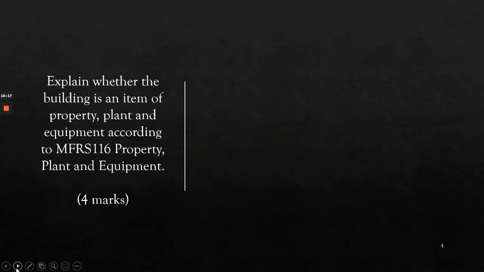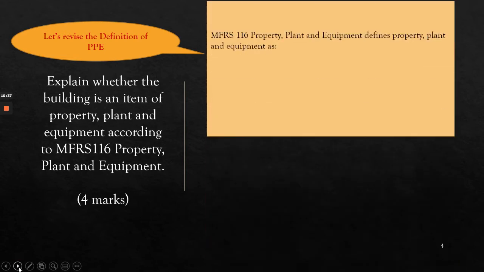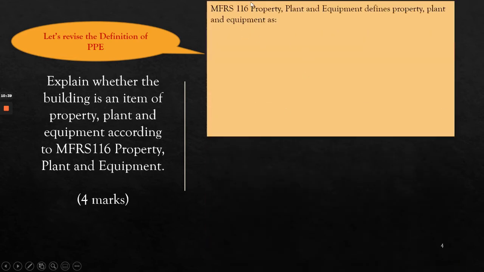The next question is asking you to explain whether or not the building is an item of PPE in accordance with MFRS 116 Property, Plant and Equipment. That is for 4 marks. So let's revise the definition of PPE a little bit. If you can still recall, MFRS 116 defines property, plant and equipment as follows.